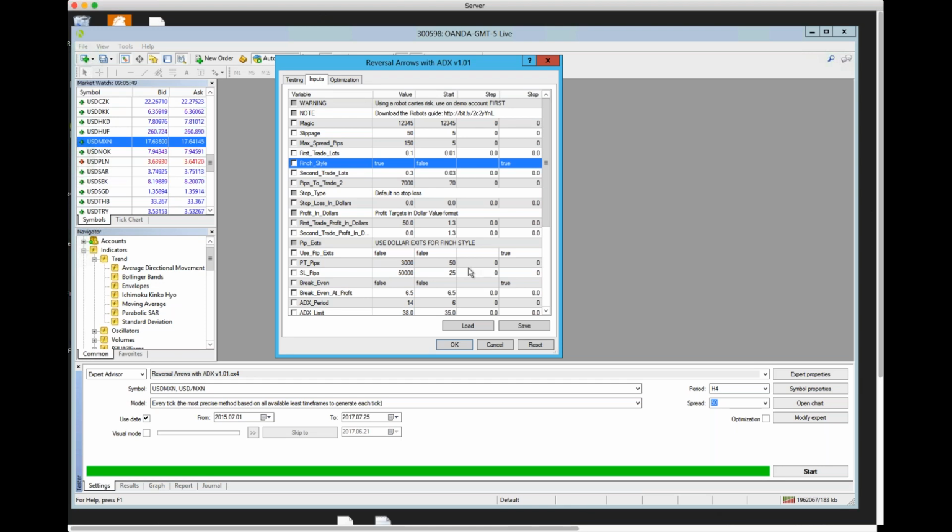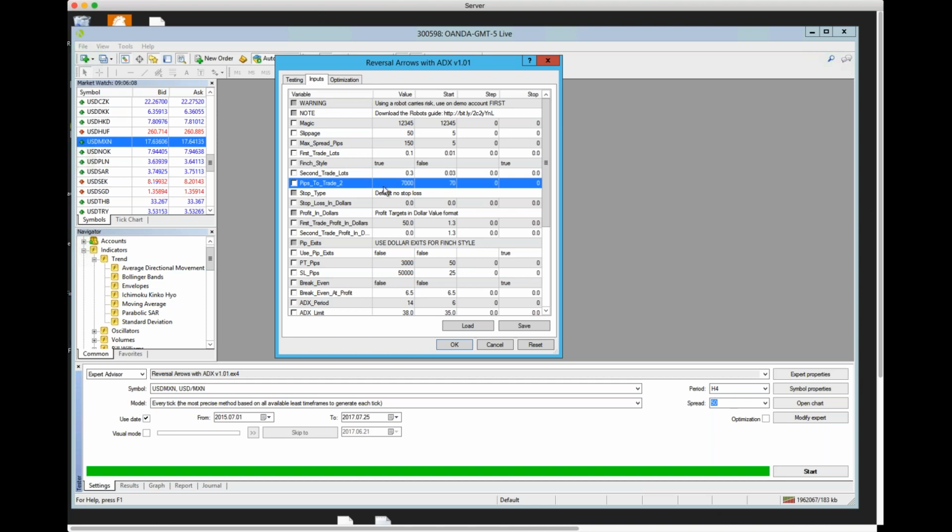We call that Finch style, where there are 2 trades. We also refer to this as rollover trading, where the first trade is a loss, and we allow a second trade to open to try to come out of that loss. That's exactly what we're doing here. We're doing Finch-style trading on this.